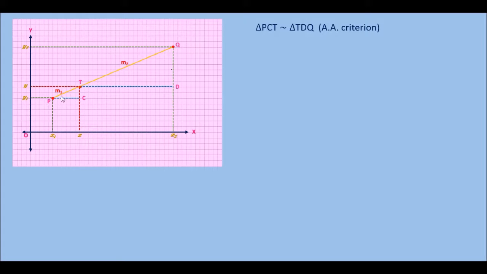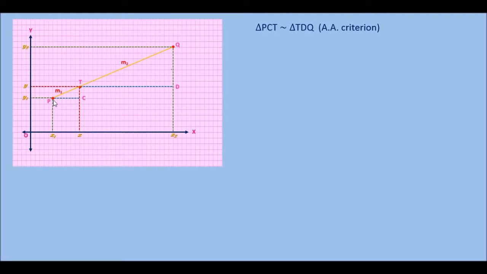So middle letter TPC, so this is the angle, is equal to QTD. So this is the angle. So if I start with the letter P for this small triangle, I should start with this letter T for the big triangle. This is the point-to-point matching, because these two angles are equal.